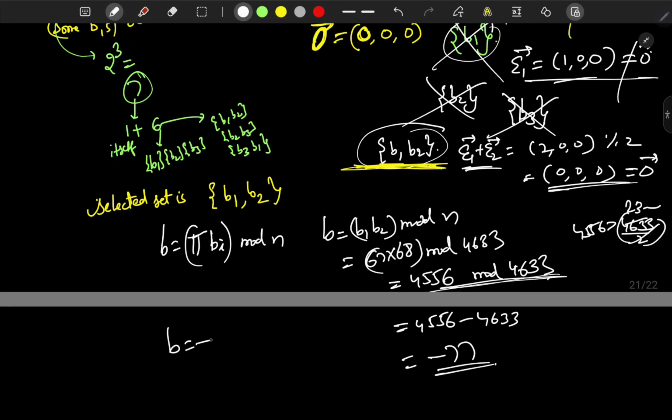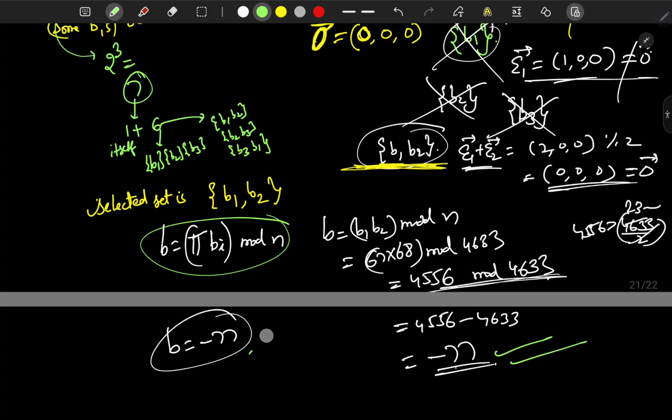So the B value is minus 77. Very simple: the B value is just multiplying everything in the selected list and computing mod n. This is the exact B value.